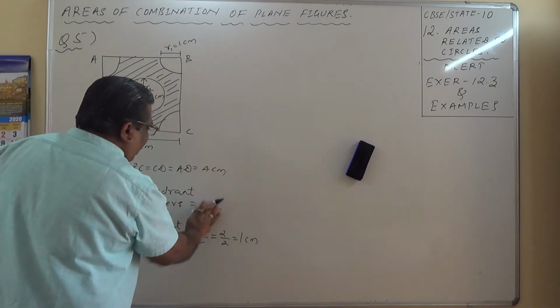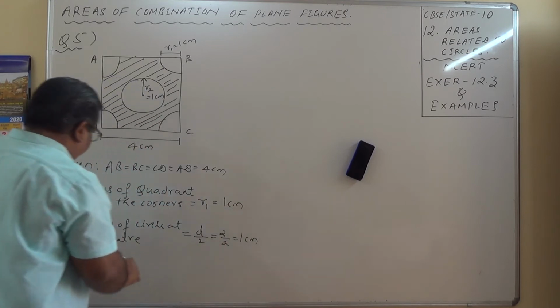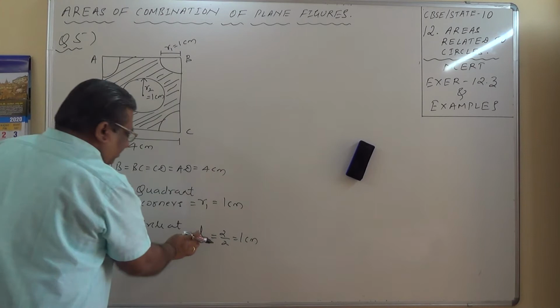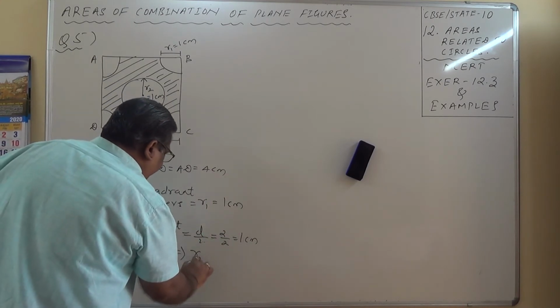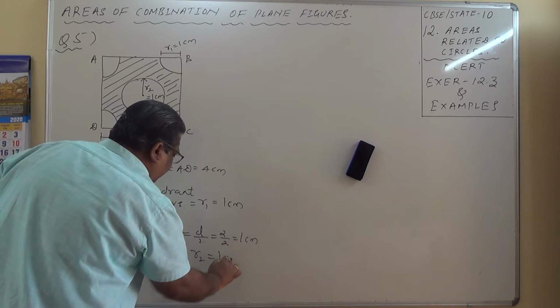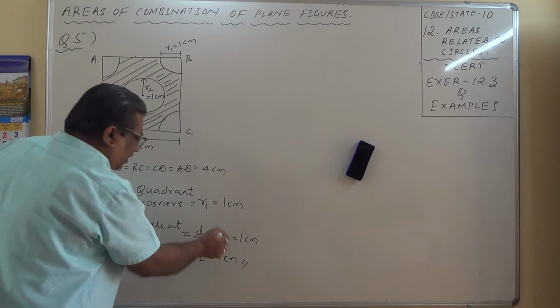So let this be R1. R1 equals 1 centimeter, and radius of the circle at the center, let it be R2, implies R2 equals 1 centimeter, because diameter is given, radius is equal to diameter by 2.